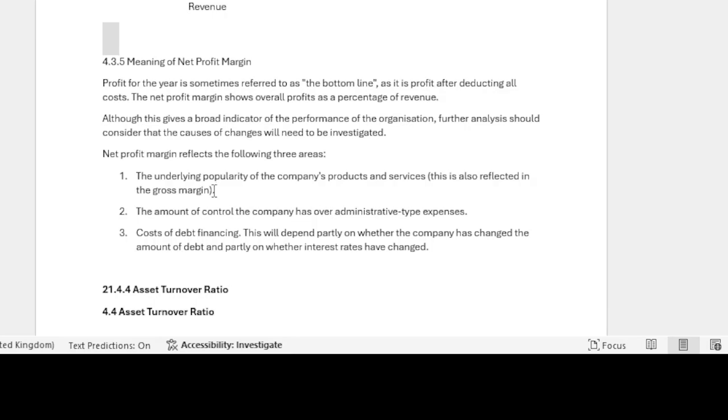You'd also need to look at the cost of debt financing. If you're using debt financing, what is the interest, or the finance costs that you're incurring as an organization? Because at the end of the day, it will affect the net profit of the company. We also have to look at the underlying popularity of the company's products and services.